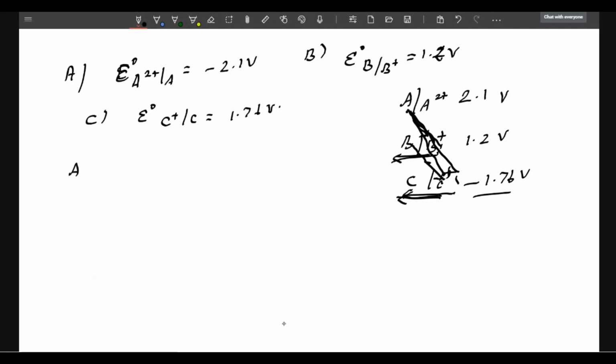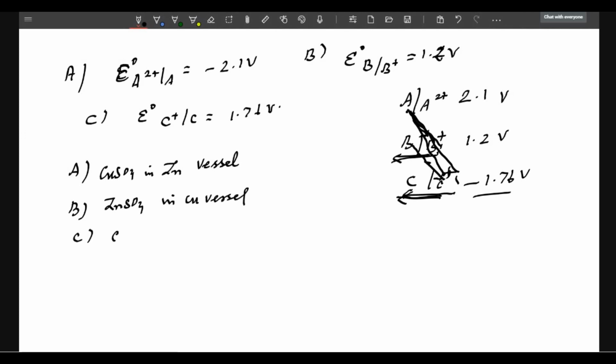A: Copper sulfate solution can be stored in a zinc vessel. B: Zinc sulfate solution can be stored in a copper vessel.